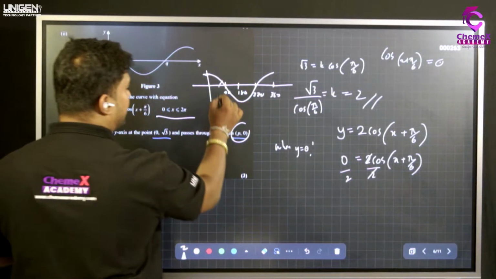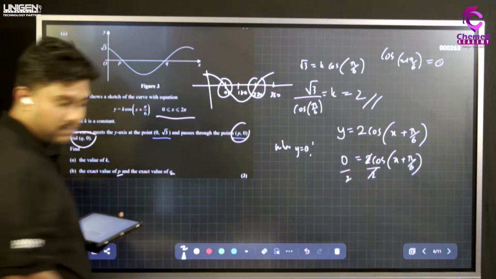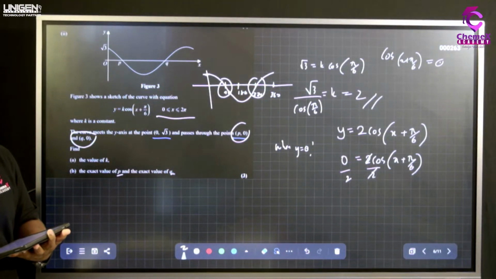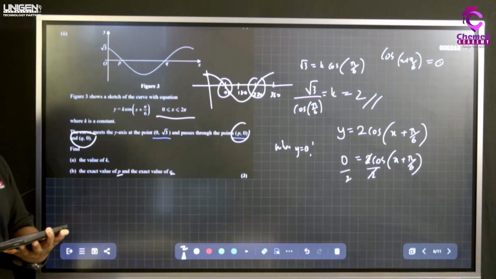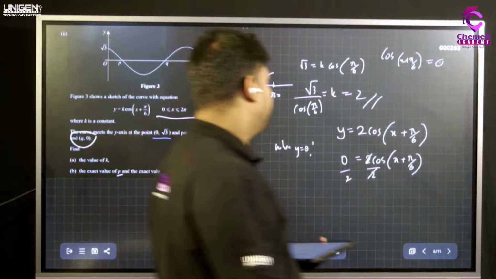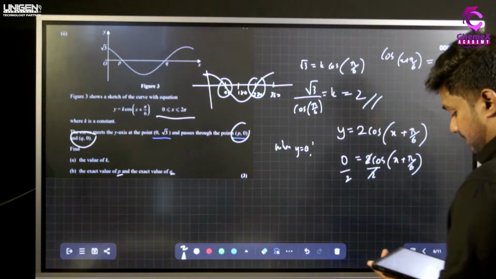At 90 it cuts and at 270 it cuts. 0, right? Okay. So now I can say what?